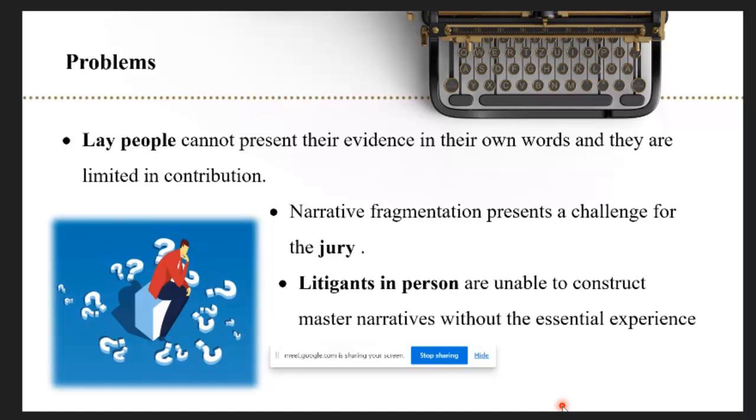For example, in cross-examination, it is shown that litigants in person usually use open-ended questions, and that is harmful to their stance. Instead, they should use closed-ended questions to urge for clarifications and confessions. Yeah, so that is the case.